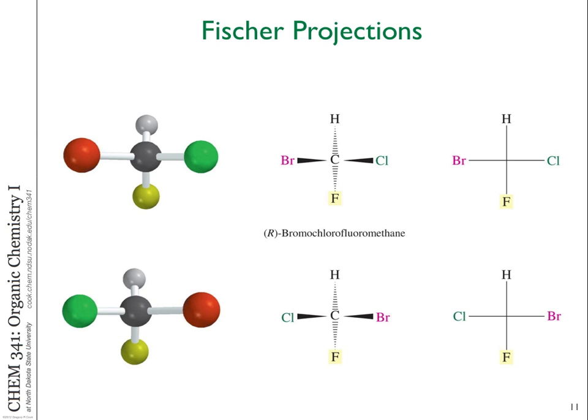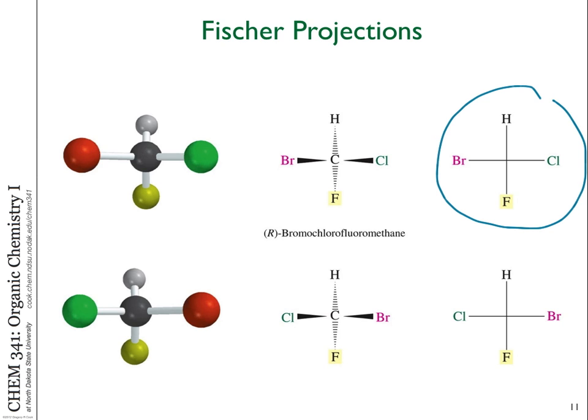Okay, one thing I want to point out, I'm not going to dwell on this. Your book talks about another way to represent the stereochemistry, Fischer projections. This is an older way to do it, but if you're taking PCATs and MCATs and tests like that, sometimes they still show these. So I want you to be aware that sometimes molecule stereochemistry is represented just by a cross, like that molecule here on the right.